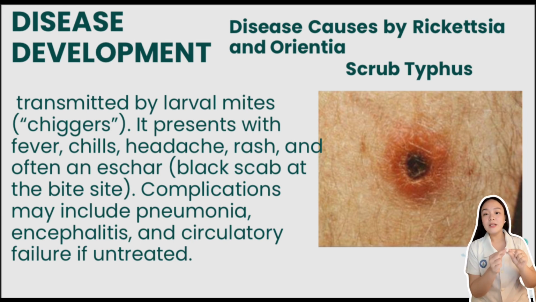So, yung super liit na bite ng chigger is magkakaroon ka na nga ng scar dun sa bite area mo, and can also cause pneumonia, encephalitis, and circulatory failure. So yung mga mites pala, or yung mga super liit na nakikita natin from our mga animals, is nakakasanhi ng pwedeng kamatayan. Yung black scab or this bite site, yun yung eschar.